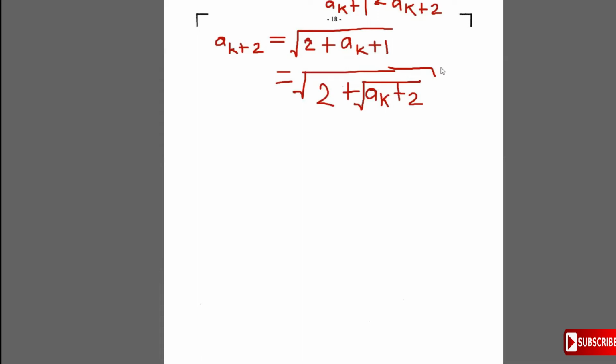But this right here that we have must be greater than, this is definitely greater than just the square root of ak plus 2. And this square root of ak plus 2 is just ak plus 1.